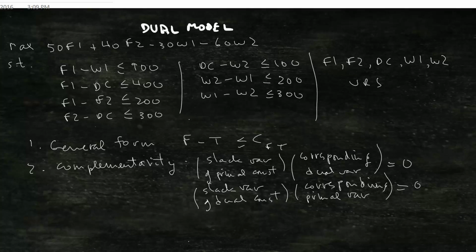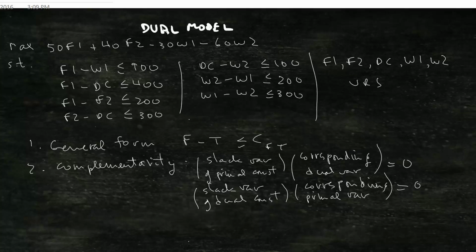So if the primal variable is positive, then the slack variable of the dual constraint must be 0.